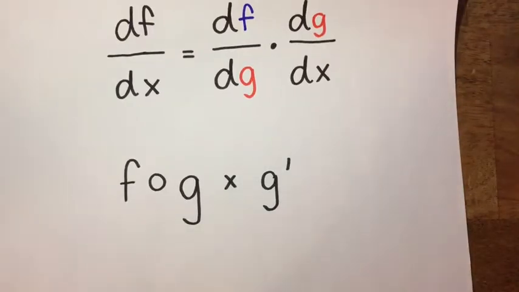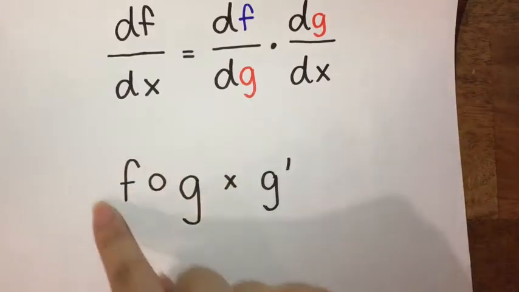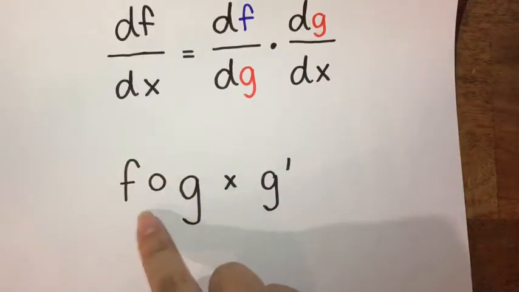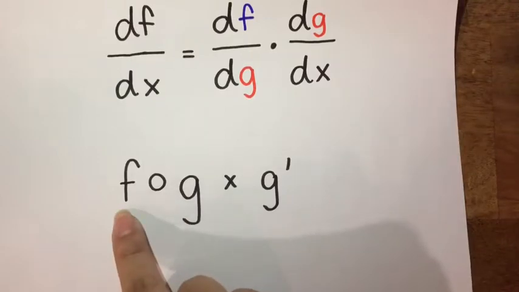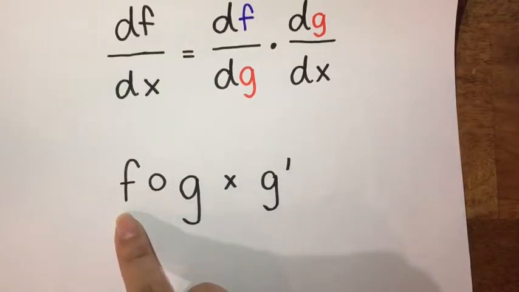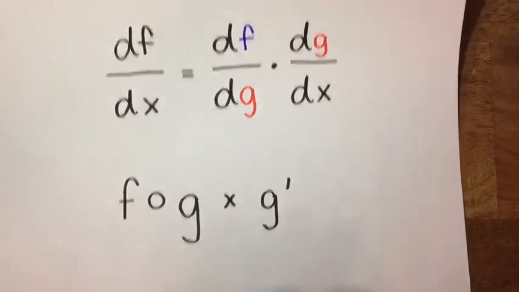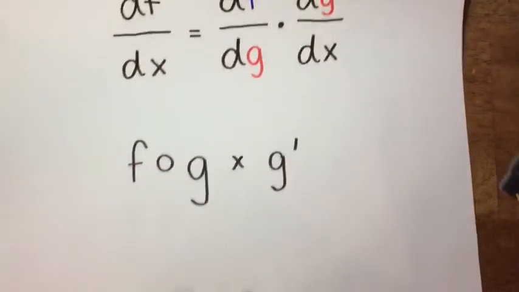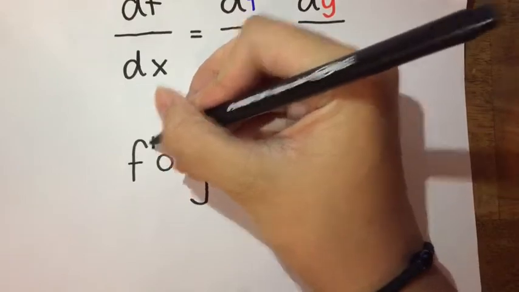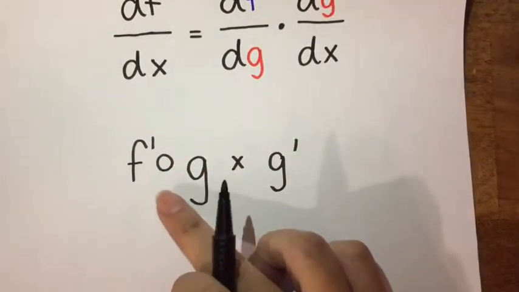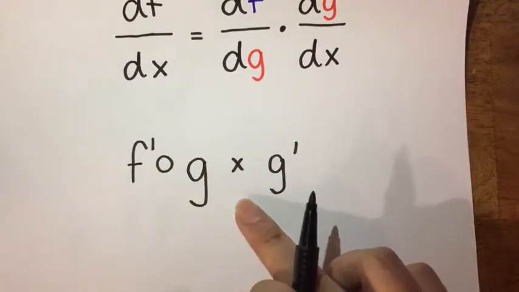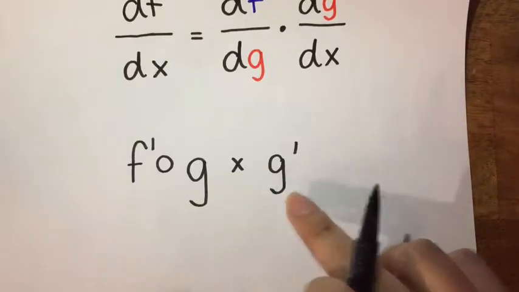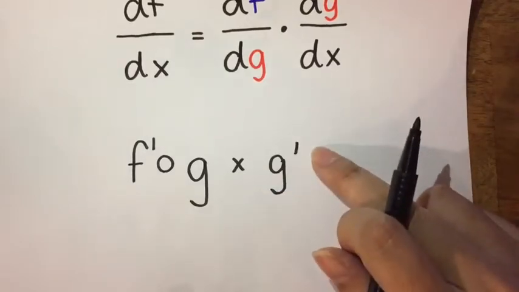But don't worry about that. Just remember that this means that a function is inside another function. And to do a chain rule, you have to find the f prime of g times with g prime.